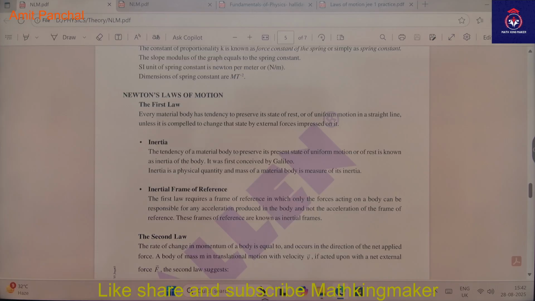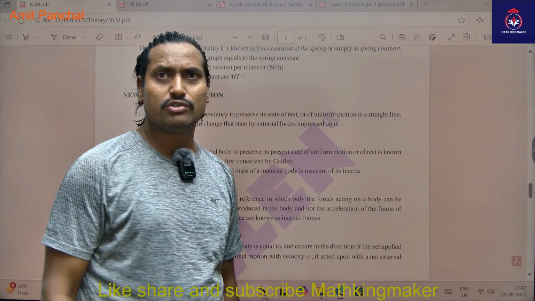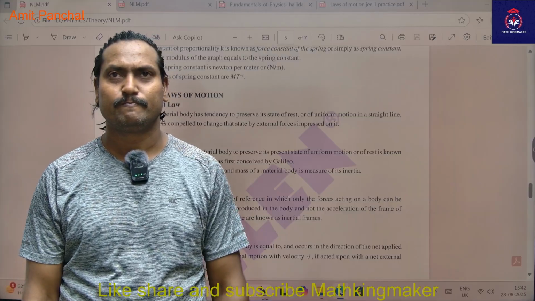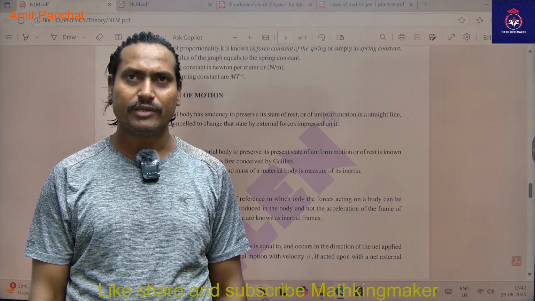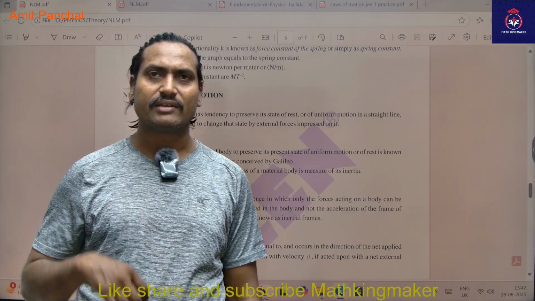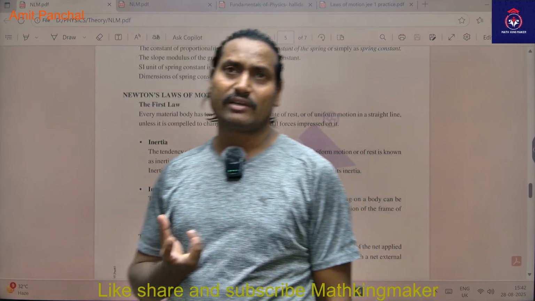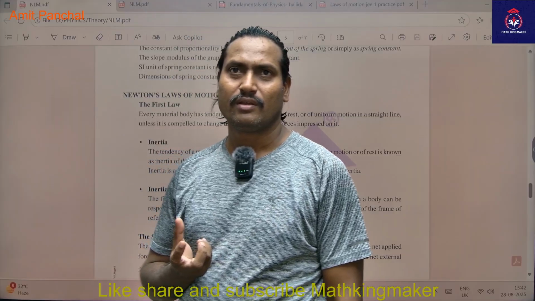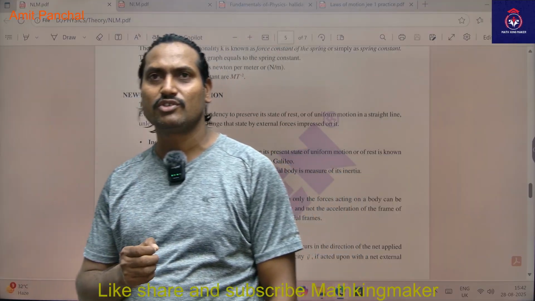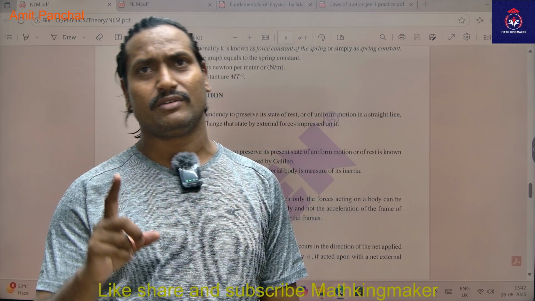Inertia is the property of a body that opposes the change in its position. It is a characteristic of a body that doesn't want to change its own state. It is a resistance to change. So if you are applying a force on the body, it will resist.